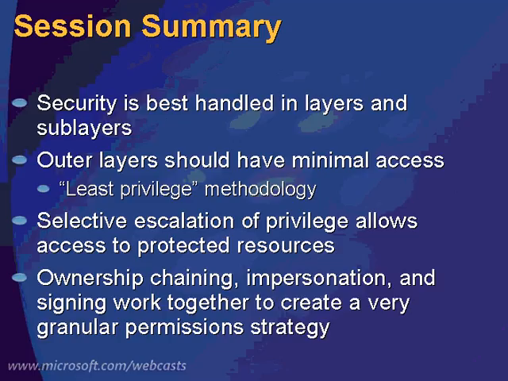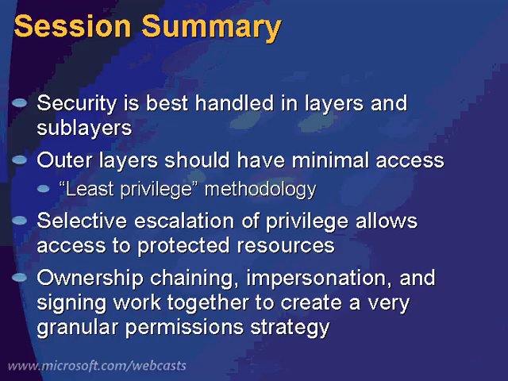So in summary, you want to handle your security in layers, and you want to make sure that your interactive users, which is the outermost layer, have the least possible access necessary to get what they need. And this is handled based on escalation of privilege.